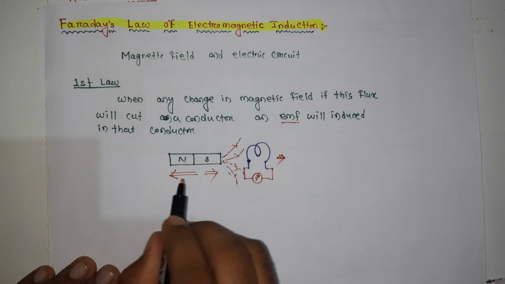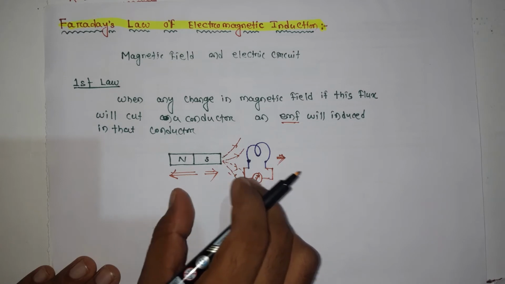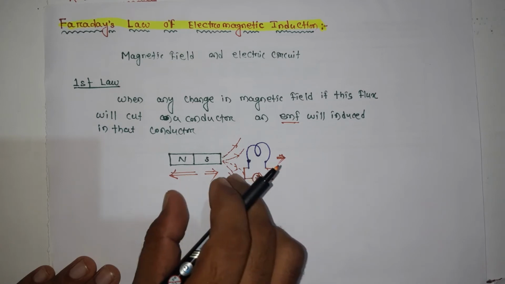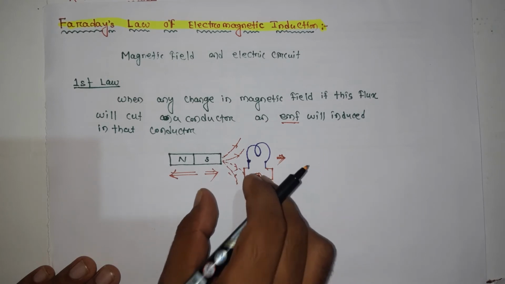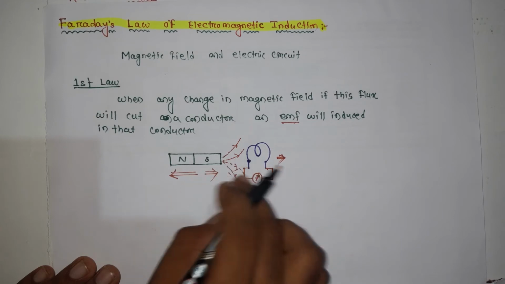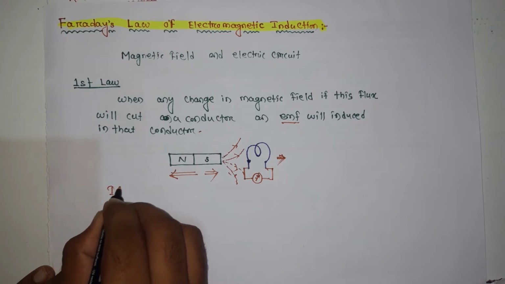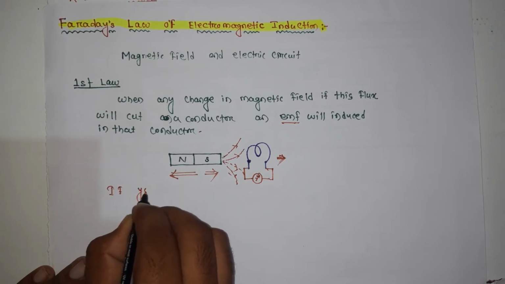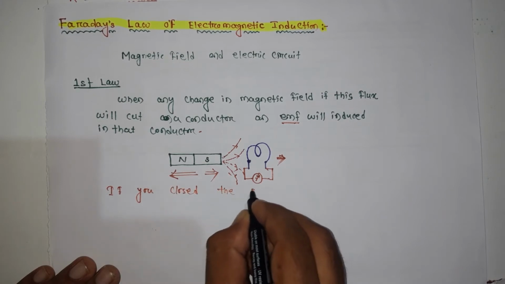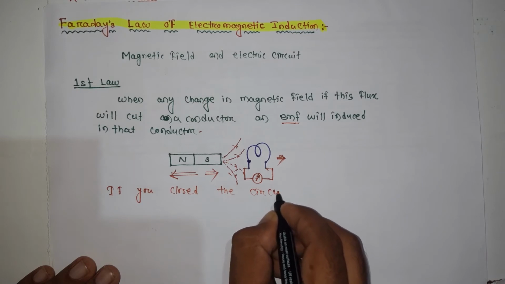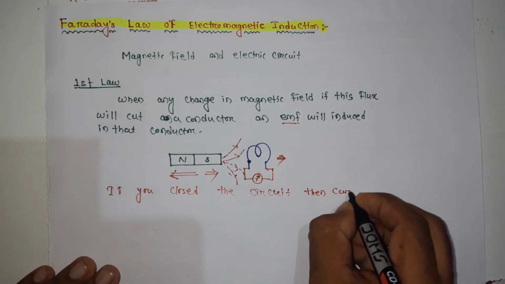In this case, the change is the relative motion between this magnetic field and this coil. You need a relative motion in this coil, and EMF is induced. If you close the circuit, then current will flow.